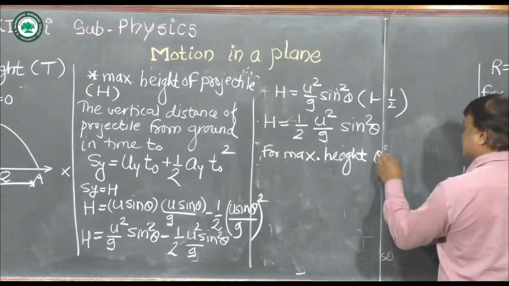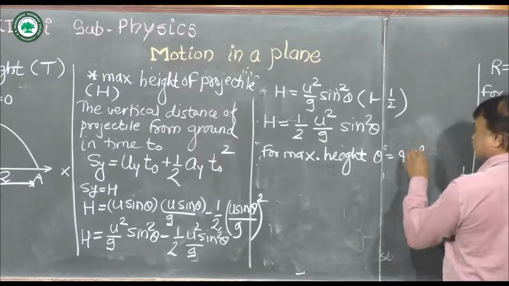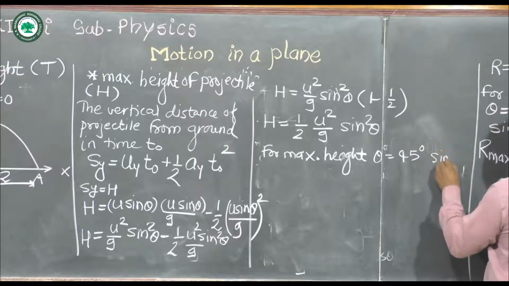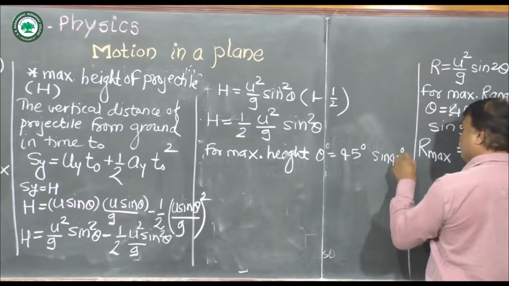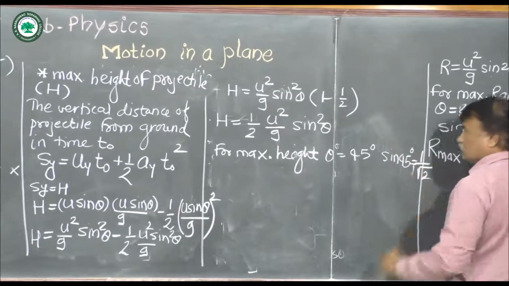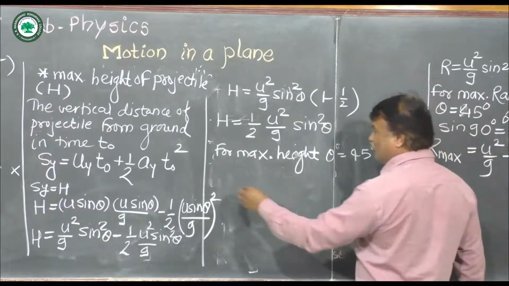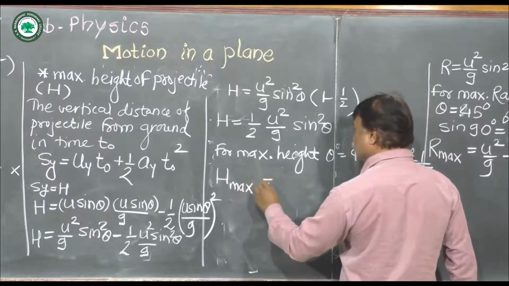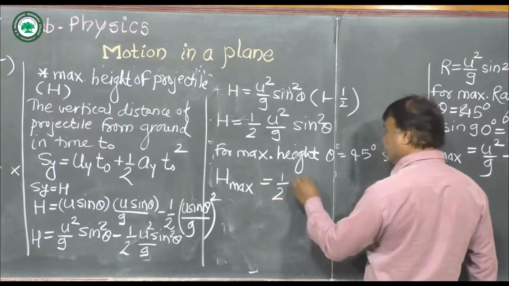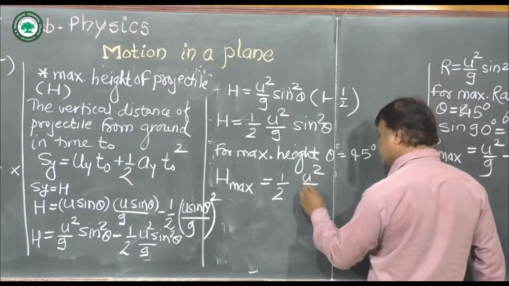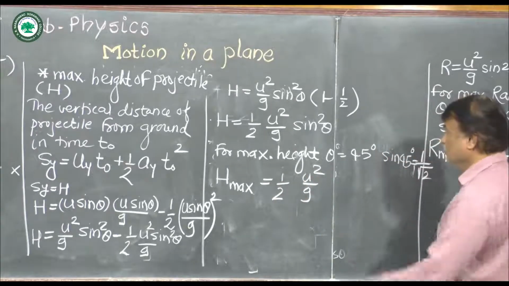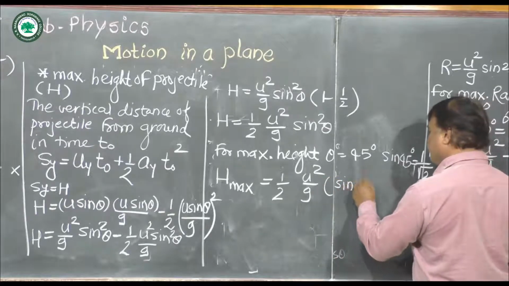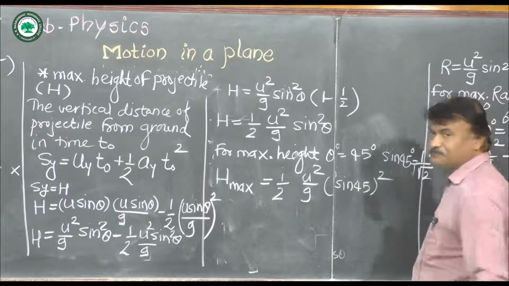again in that case theta is equal to 45 degrees, and we know that sin 45 is 1 by root 2. So substituting this value, we get maximum height h max is equal to 1 by 2 into u square upon g, sin square theta means sin 45 bracket square.